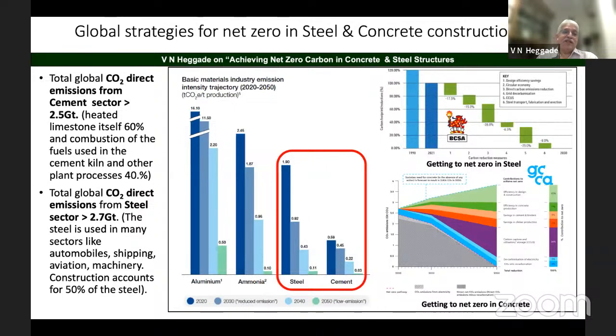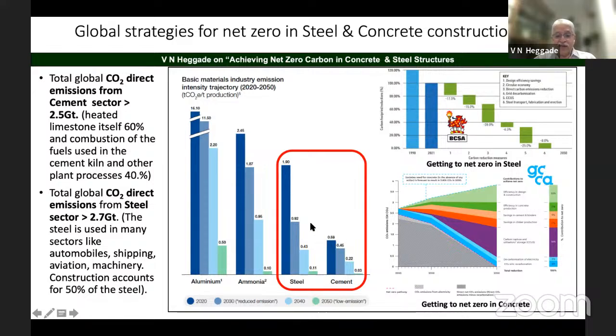The global strategies for net zero in steel and concrete construction are as you can see here. As per this, the basic material industry emission trajectory for 2020-2050 is by the World Economic Forum.